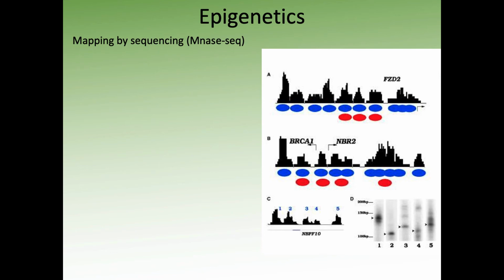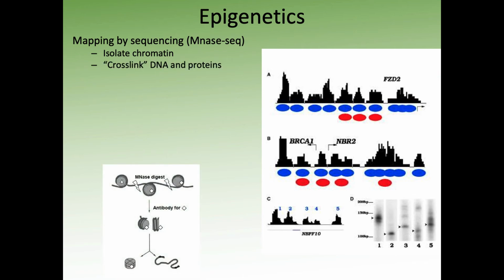So how do we examine things like nucleosome occupancy? One of the ways is to do what's known as MNase-seq. And this is where we would isolate chromatin, and then basically we do something called cross-linking, where we treat a sample with something like formaldehyde or paraformaldehyde, which binds these histone proteins to the DNA, right?